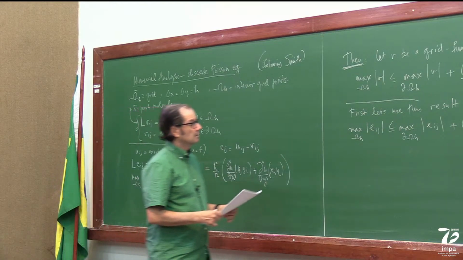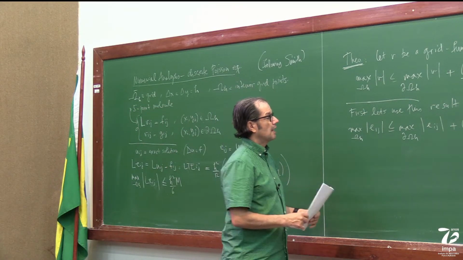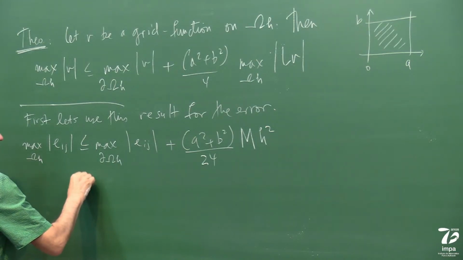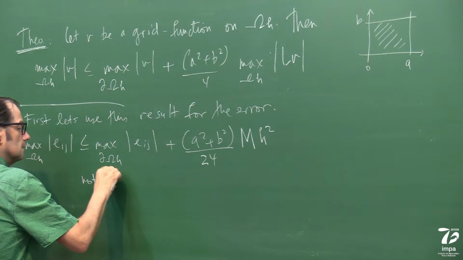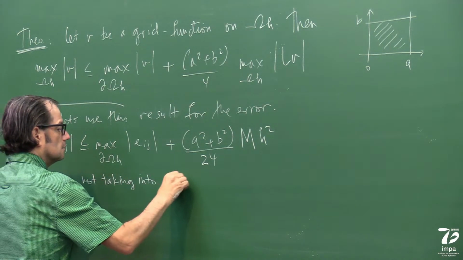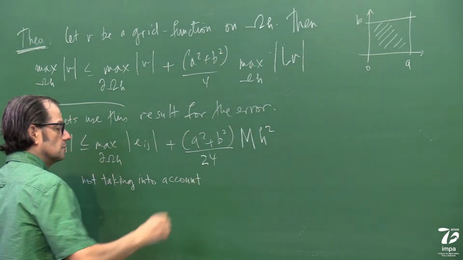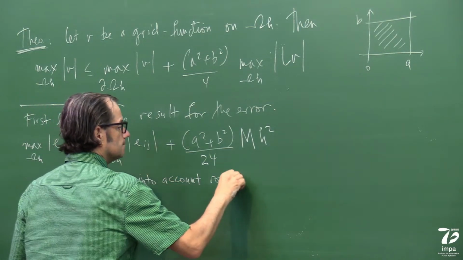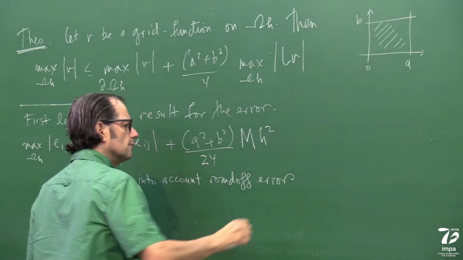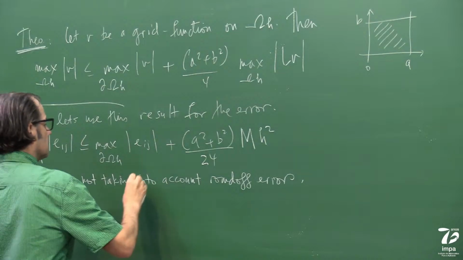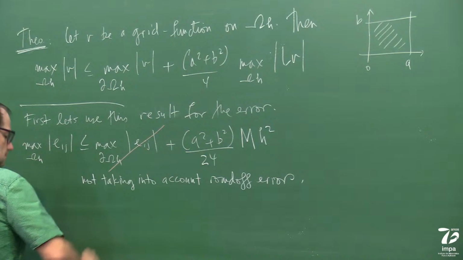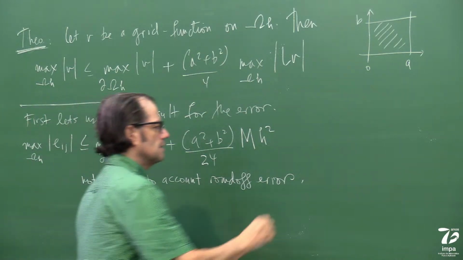But then, not taking into account round-off errors, we can cross this out, so exact on the boundary.